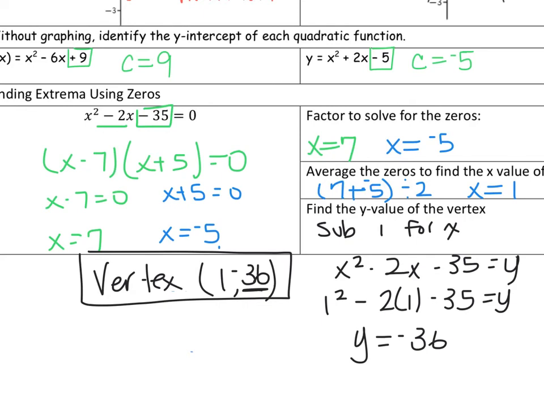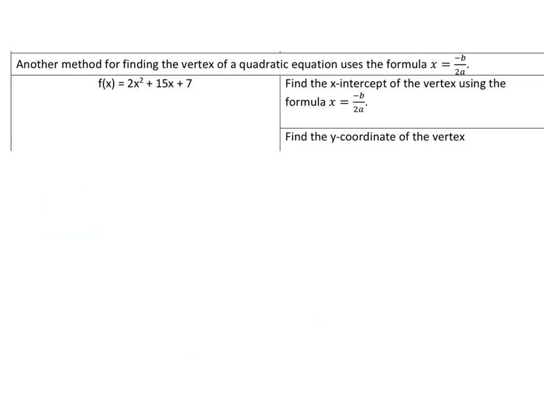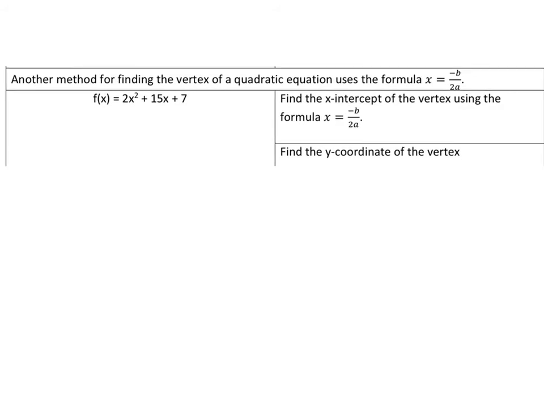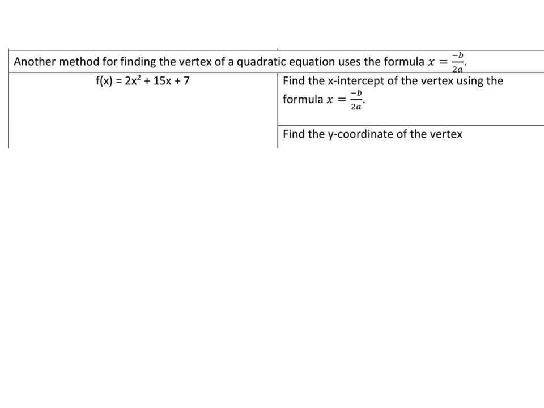So that's one method for finding the vertex of the parabola without graphing. Another method for finding the vertex is to use the formula x equals negative b over 2a. This is going to give us the axis of symmetry, which is the x value of the vertex.